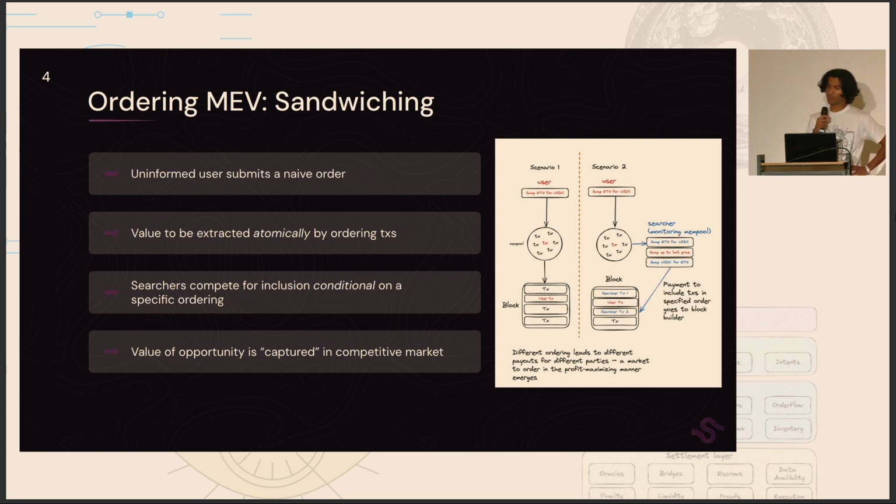Given that this is a deterministic opportunity, now a market forms, right, where everyone sees this transaction and they bid up to the true value of the extraction to the block builder for block space. And this value basically flows from the user submitting the transaction to the builder and then eventually to the proposer. But it is captured theoretically in the competitive market we've created.